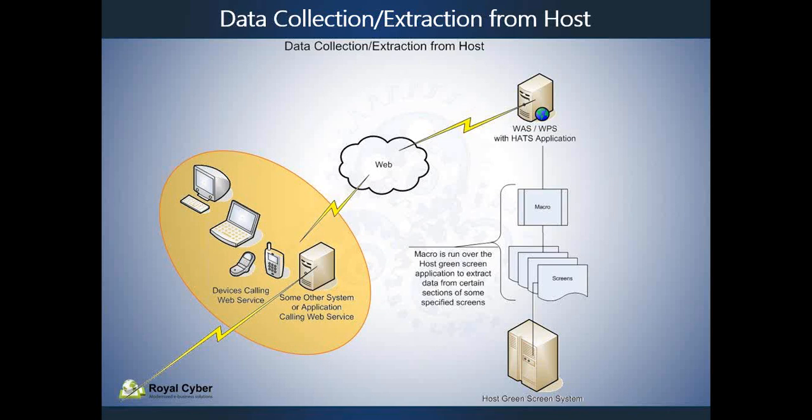The HATS application that is running on some WebSphere application server or WebSphere portal server receives the web service call, and it triggers a macro to traverse some host green screens and pick text from specified areas of certain screens as defined in the macro.